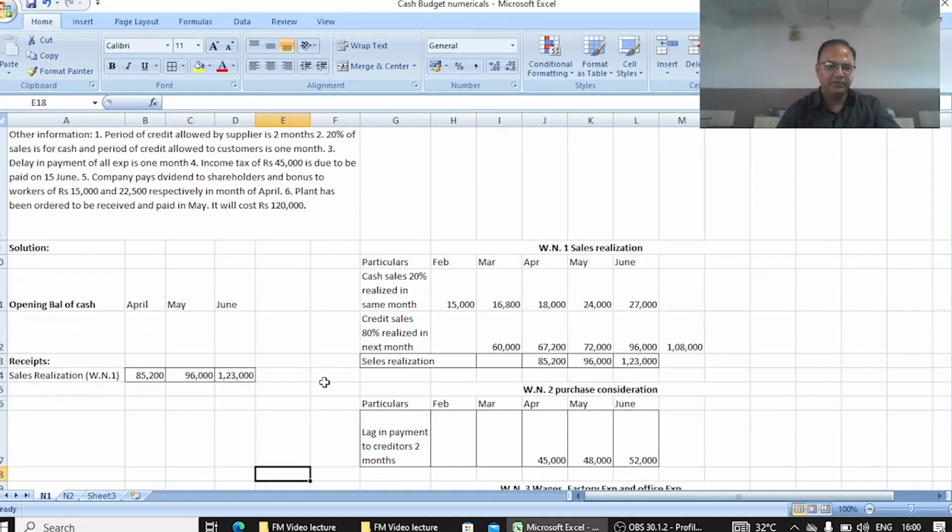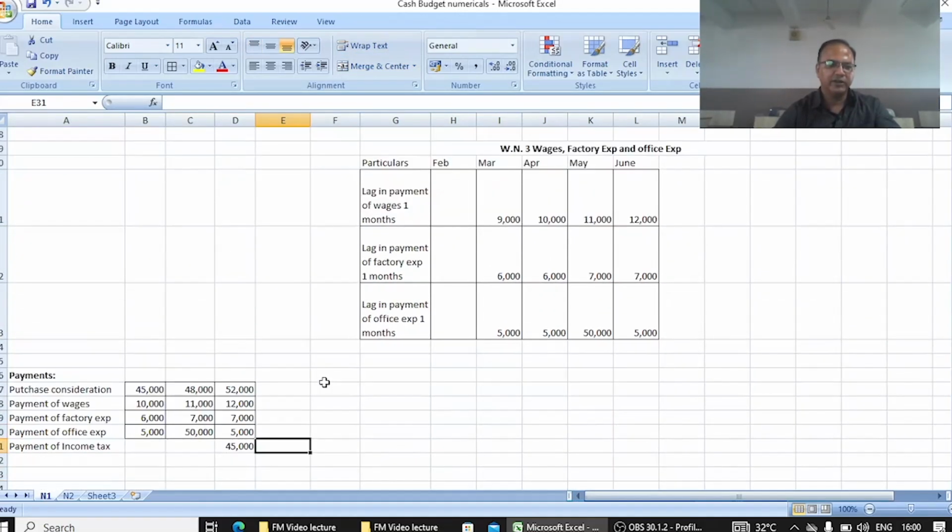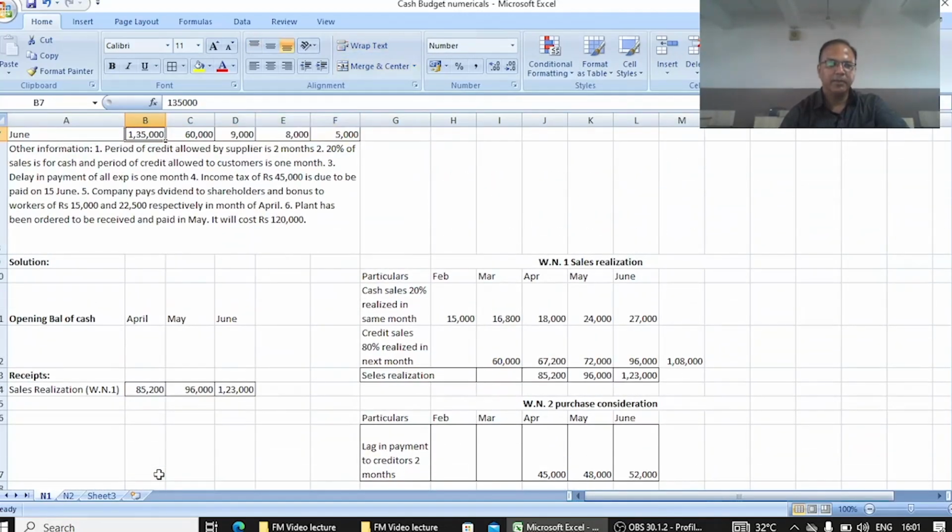Dividend of 15,000 and bonus of 22,500. Payment of dividend and bonus.